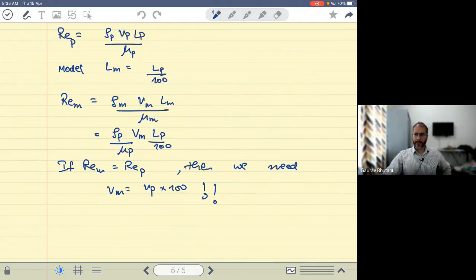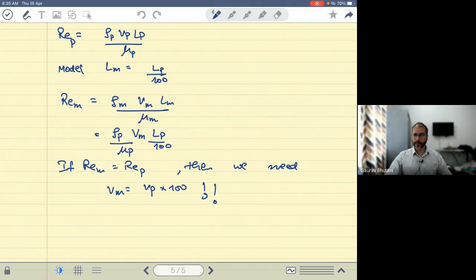Okay, that does not sound reasonable. I mean, we're talking about 200 meters per second, and this analysis is telling us that to have the same Reynolds number, I would need 20,000 meters per second. Of course, there's no way you can create 20,000 meters per second in a lab for the flow velocity of air.